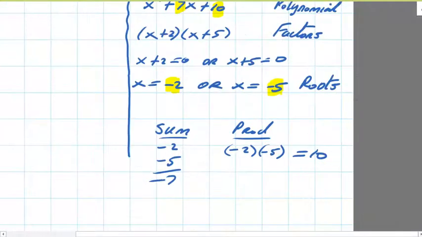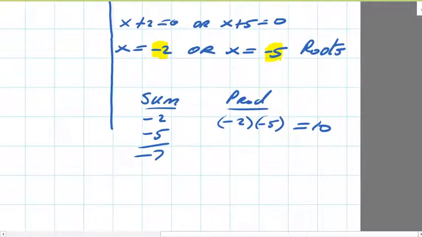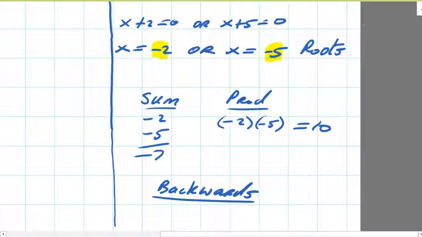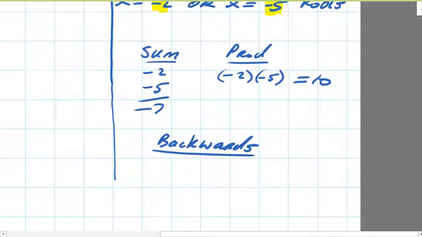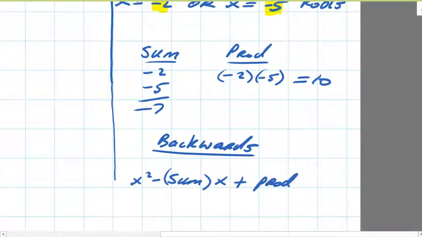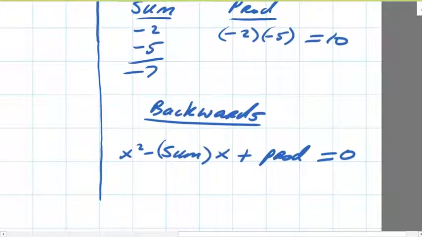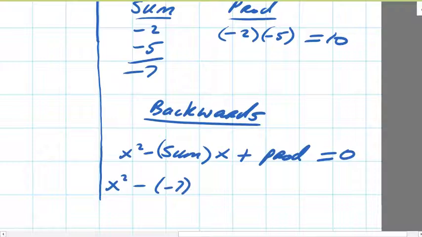So if you want to go backwards, all you ever have to do is go x squared minus the sum, you change the sign of the sum, times x plus the product equals 0. So x squared minus, now the sum in our case is minus 7, x plus product is 10 equals 0.